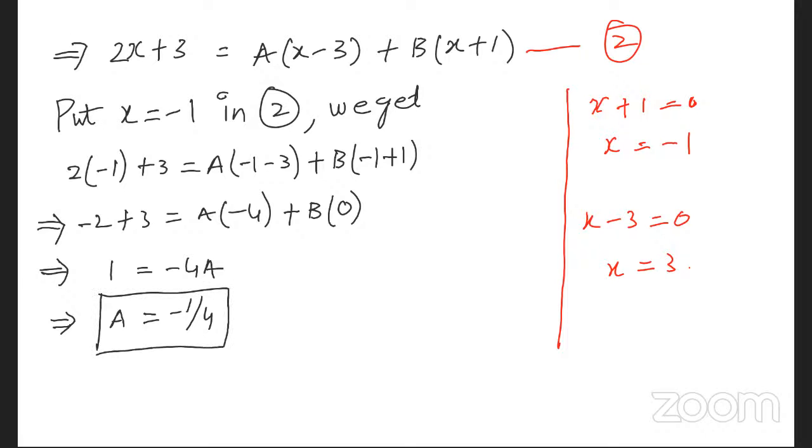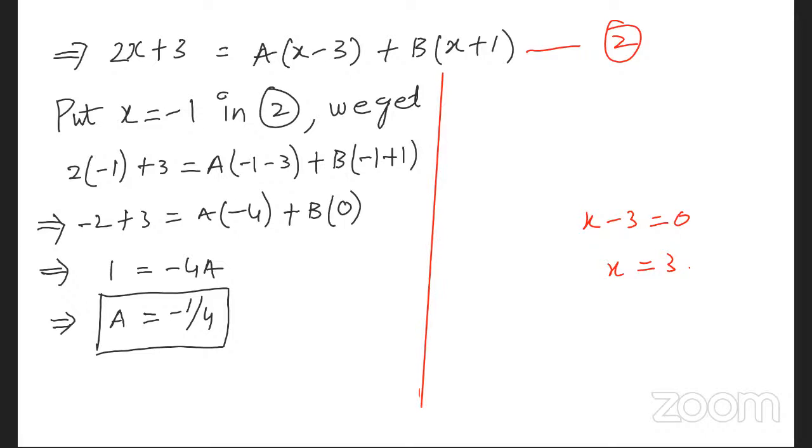Now we'll try to find B by substituting x = 3. You have put x = -1 for the first, and now we are going to substitute x = 3 in equation 2.